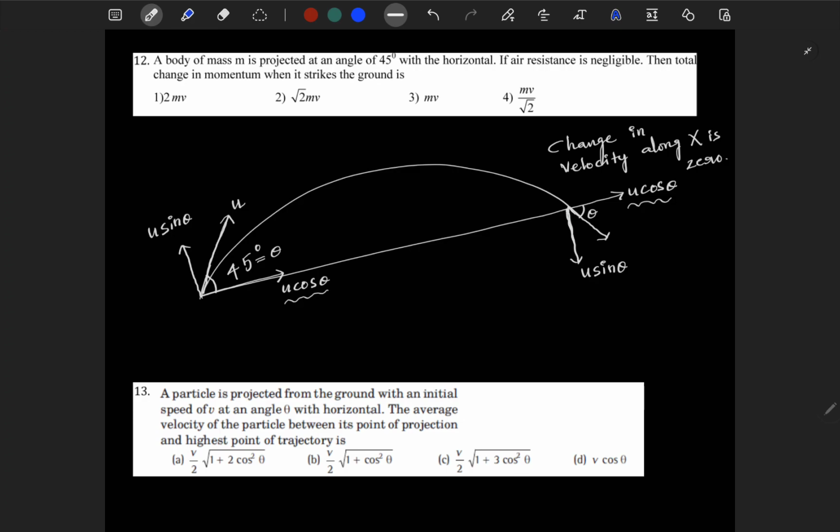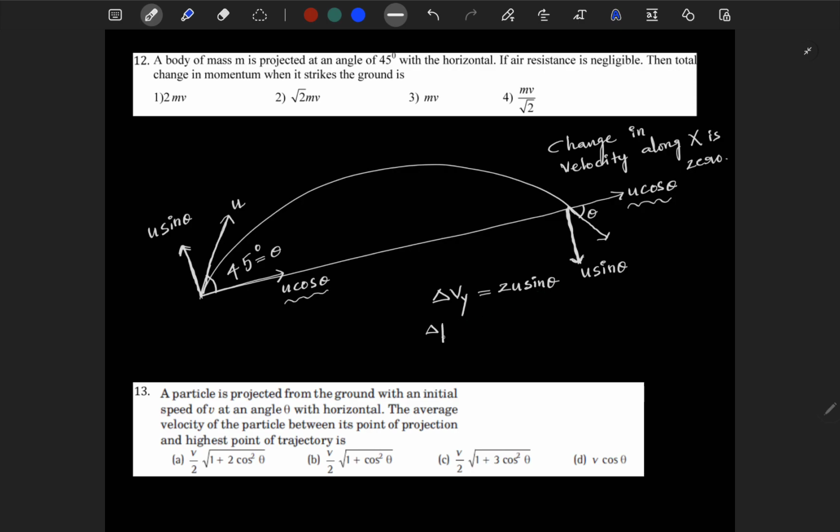What changes is actually along y-axis, because initially along y direction the velocity is u sin theta. When it strikes, the velocity is u sin theta, but in downward direction. Therefore, the change in velocity along y-axis would be u sin theta minus of minus u sin theta, which is 2u sin theta.